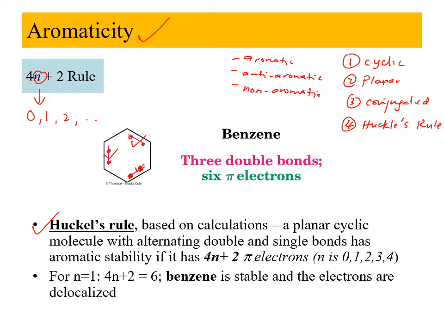So what does it mean by 6 pi electrons and Huckel's rule? Following Huckel's rule, we try to substitute the number of n here. You can try to put 0, 1, 2, 3, or 4. You should get the value for 4n plus 2 as either 2, 6, 10, or 14.